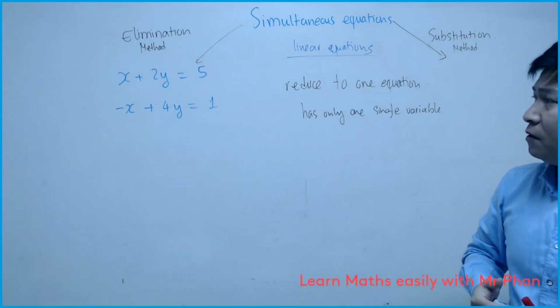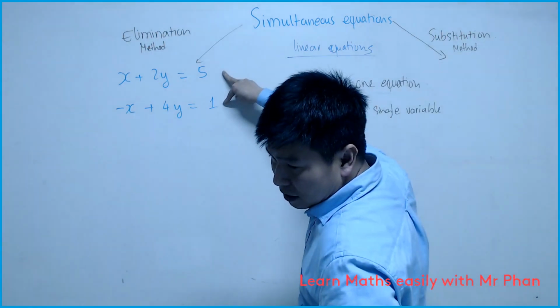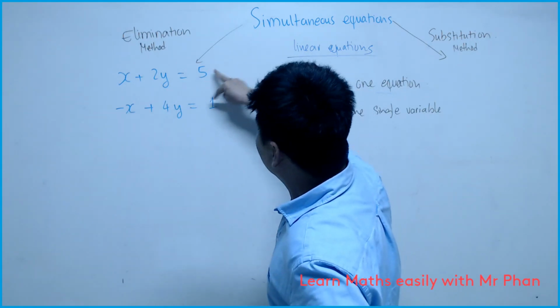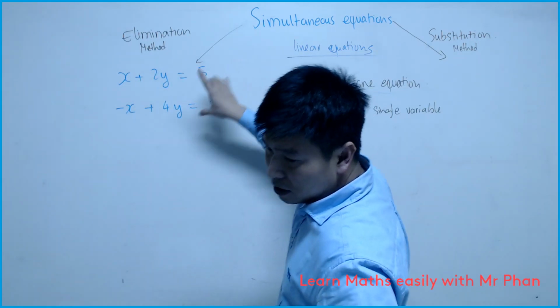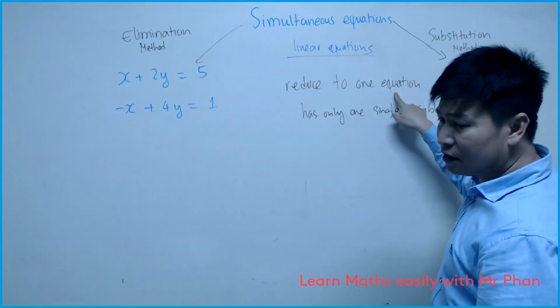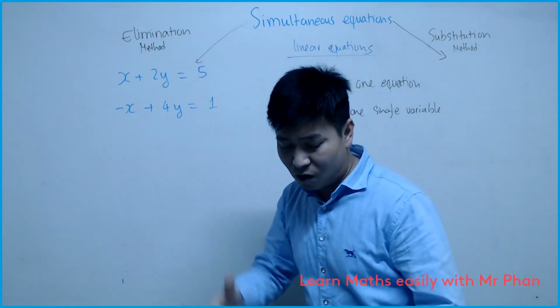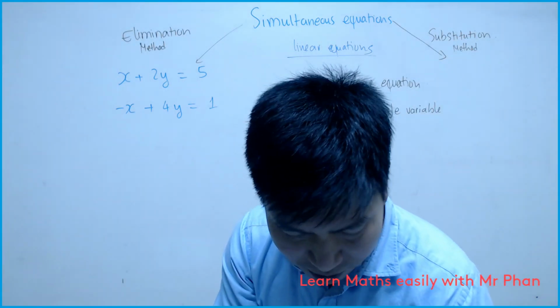At the moment I have two equations and two variables. Our purpose is to reduce these two equations into one equation that has only one single variable, that means x or y. You understand that? That is our purpose now.